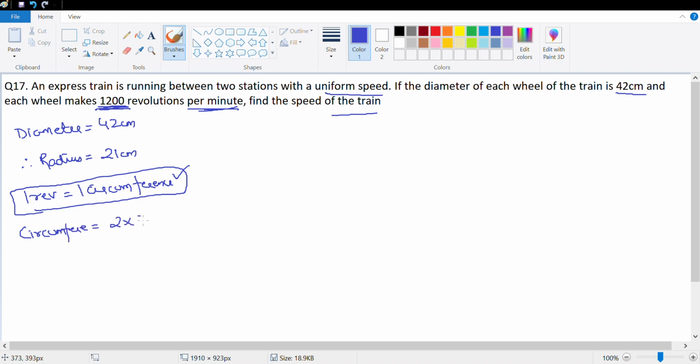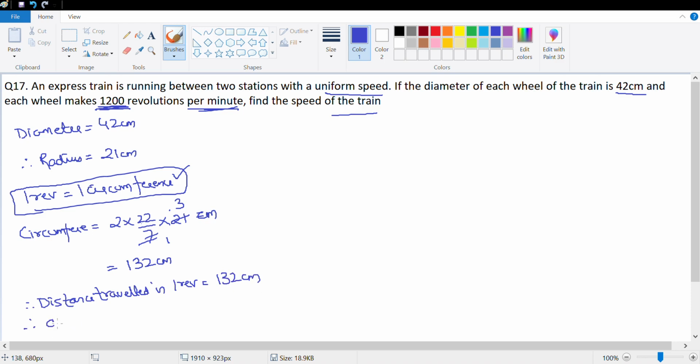In this case, 2 into 22 by 7 into r, which is 2 into 22 by 7 into 21, this is centimeter. So this is 6 into 22, which is 132 centimeter. So therefore, distance traveled in one revolution is equal to 132 centimeter.